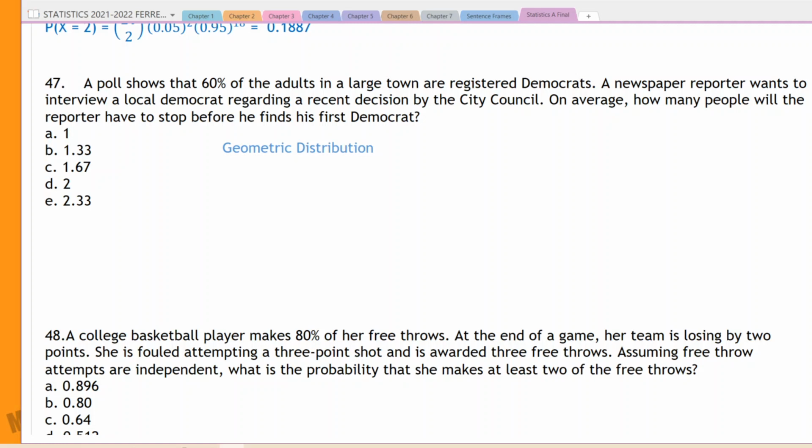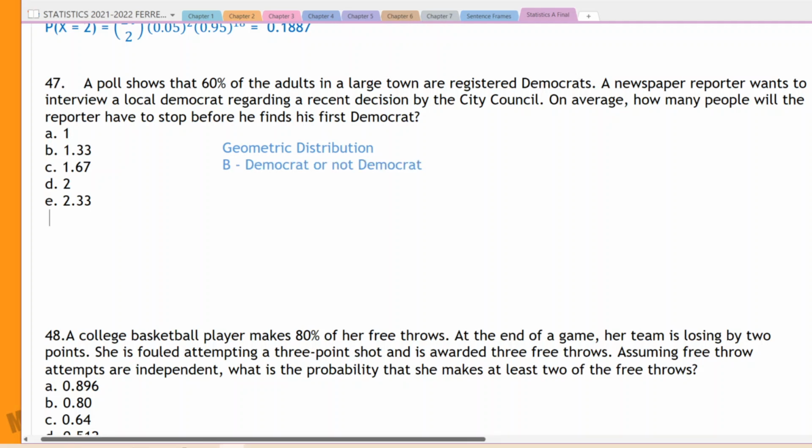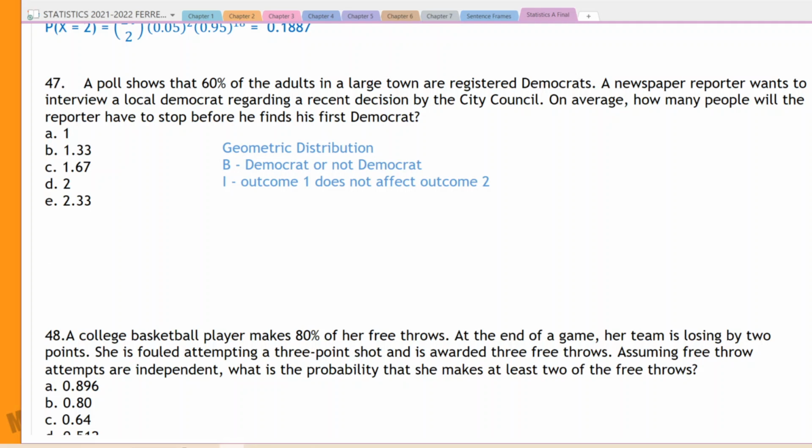Just like the previous one, where we went over the conditions for binomial, now we're going to go over them for the geometric distribution. So this is a binary outcome. Either we get a Democrat or we don't get a Democrat. Independence: outcome 1 does not affect outcome 2. I feel like I've been saying a lot that independence is the hardest one to think about.